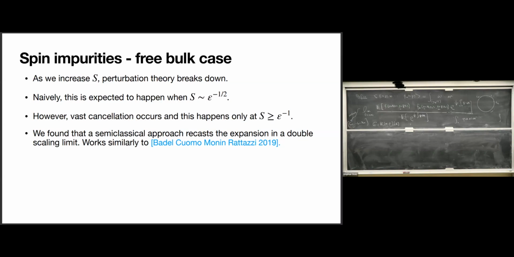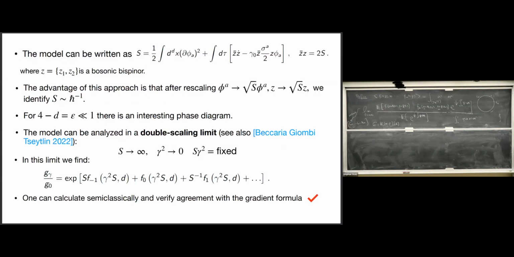This is kind of difficult to see in the language of ordinary Feynman diagrams, but there is a different approach to study this model in the large spin limit. This is just another realization of the same model, where Z is a bosonic bispinor, and it is constrained to satisfy this.